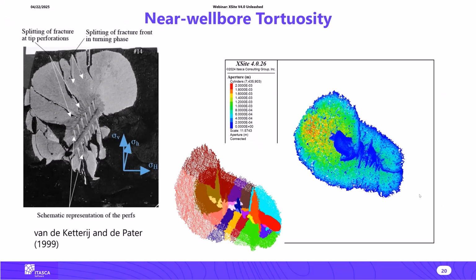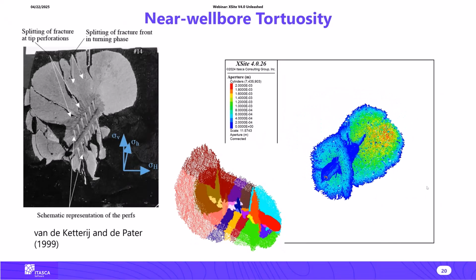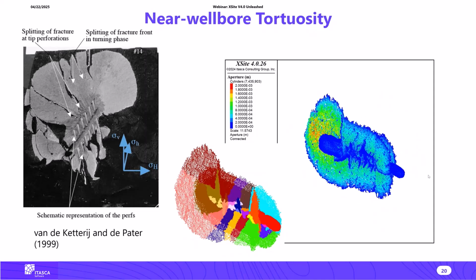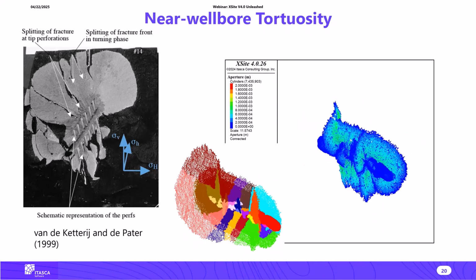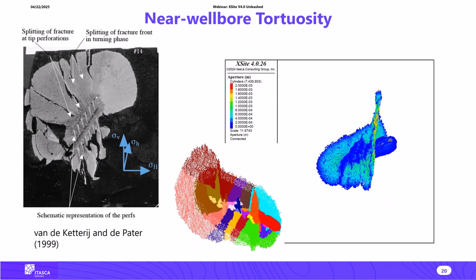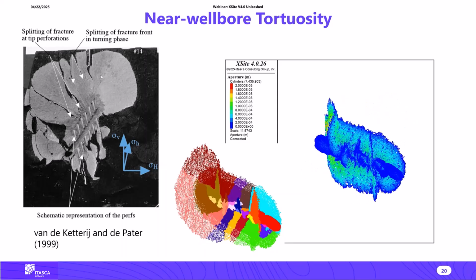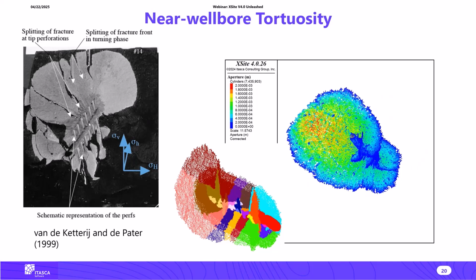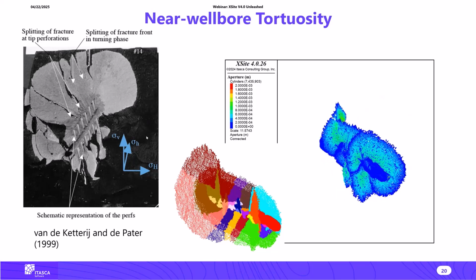And then the final state, again showing a side view in the middle, and then here it's the rotated view of the induced fractures from these perforations. And just for a reference, we show here the picture from the lab experiment showing the induced fractures from the perforation cluster.